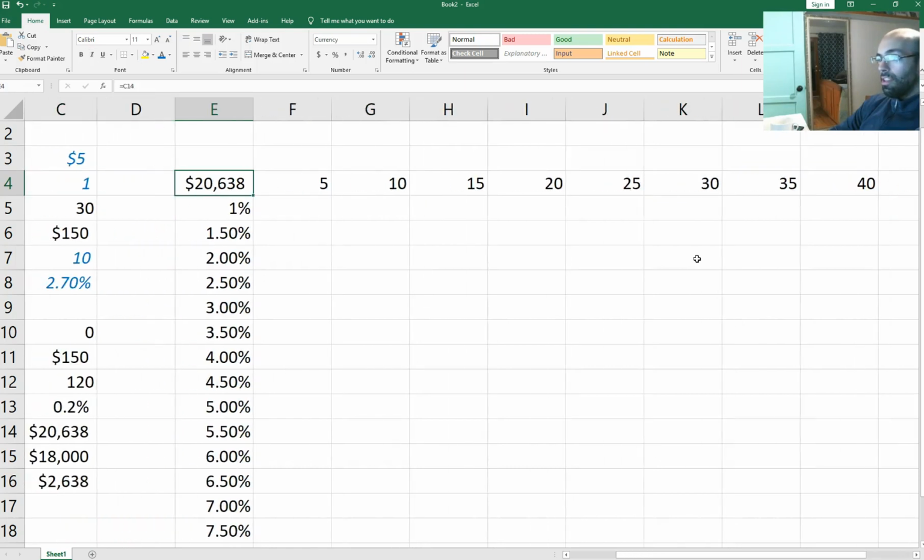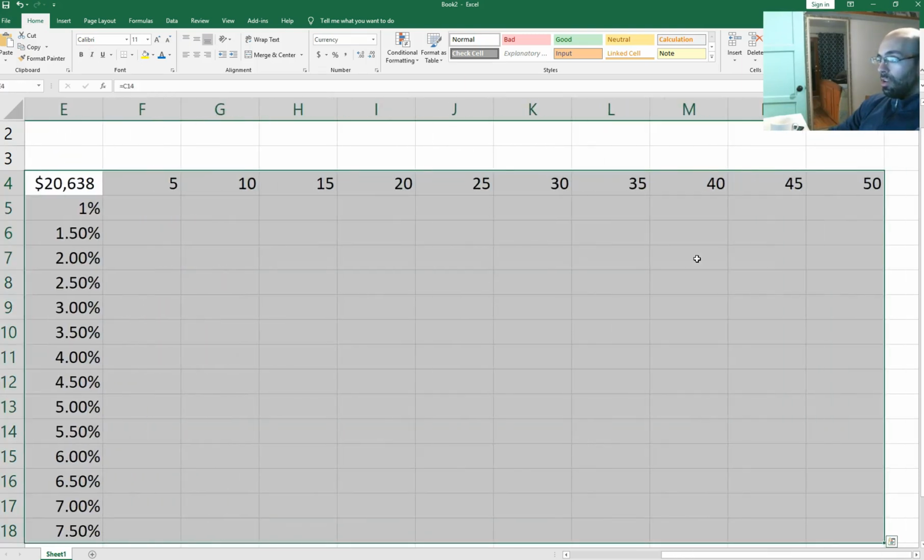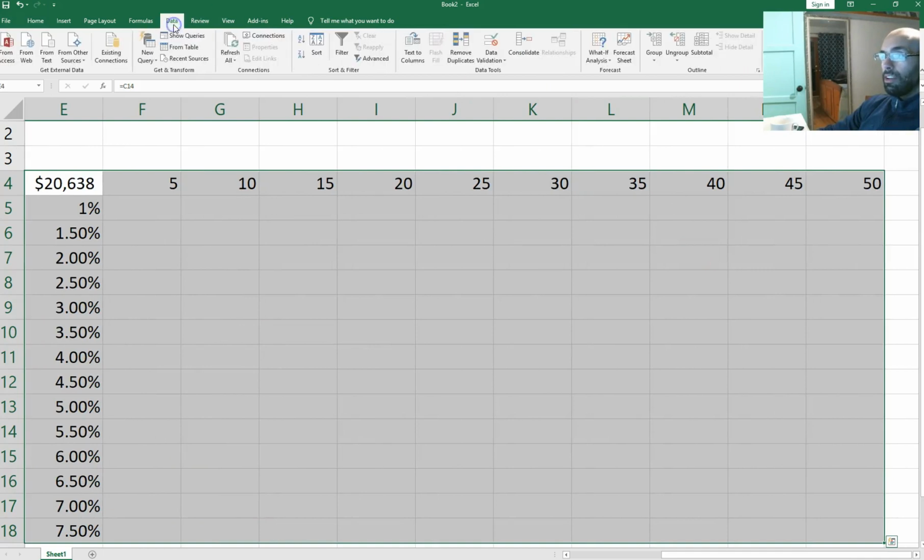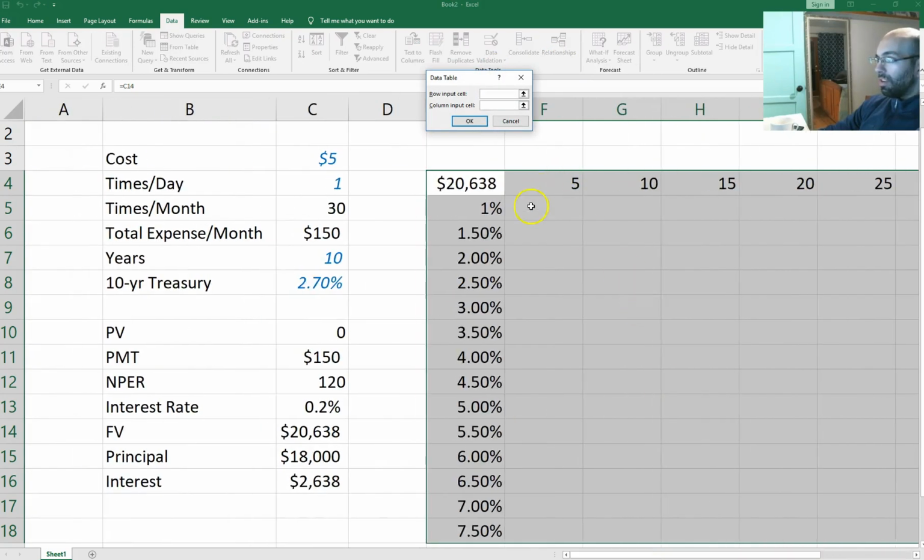Okay, now that we've got this, we can just do a data table. Data, what-if analysis, data table. And so for the row, we're actually going to pick the column number here. So what this is saying is, for the row, what is going in there.